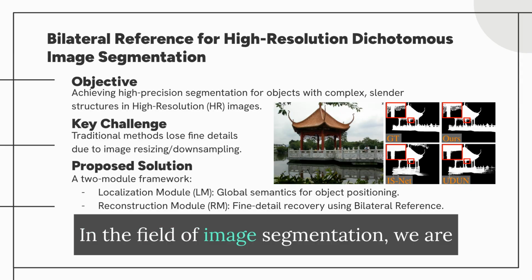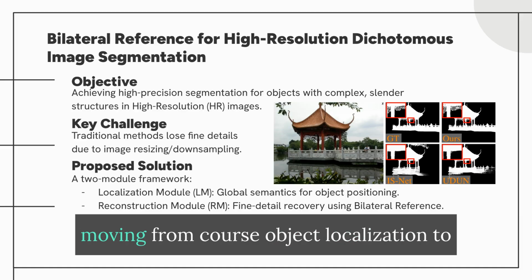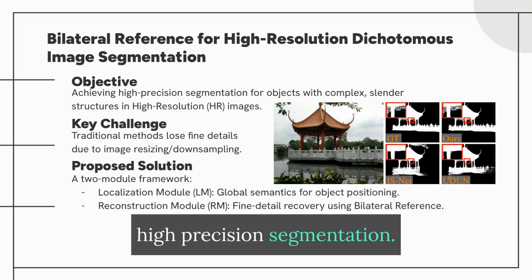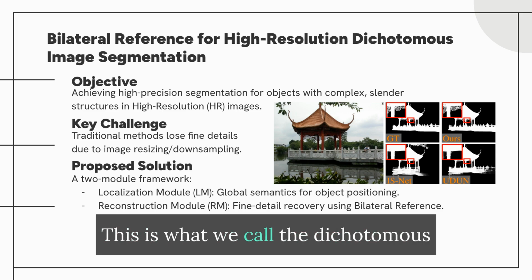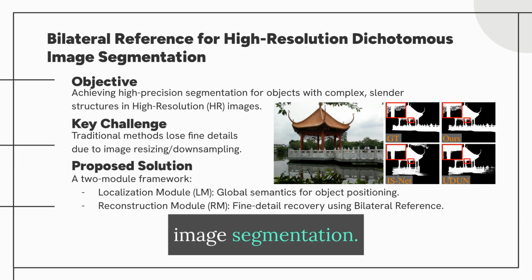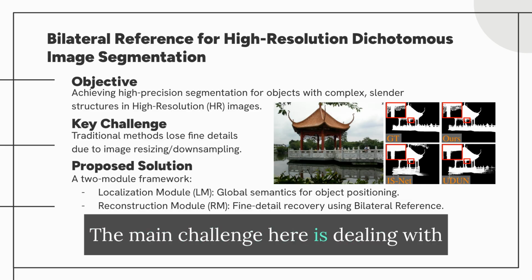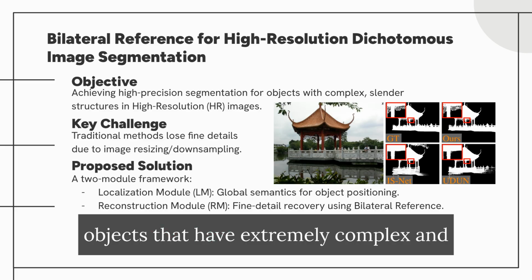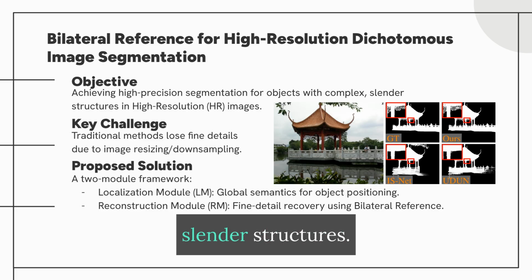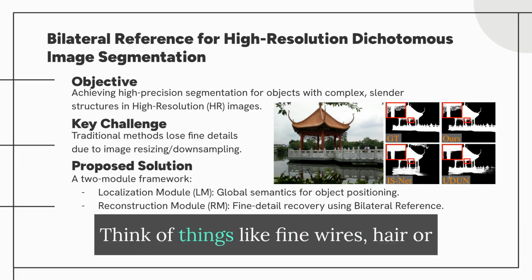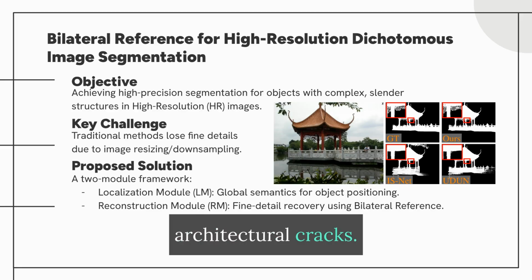In the field of image segmentation, we are moving from coarse object localization to high-precision segmentation. This is what we call dichotomous image segmentation. The main challenge here is dealing with objects that have extremely complex and slender structures. Think of things like fine wires, hair, or architectural cracks.